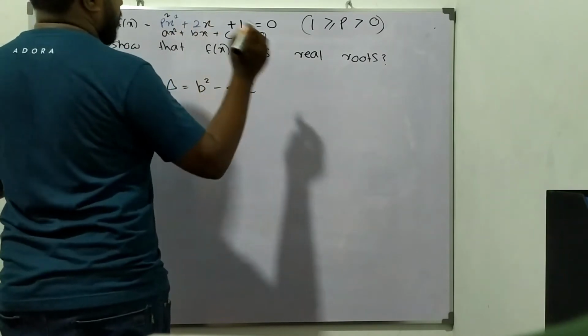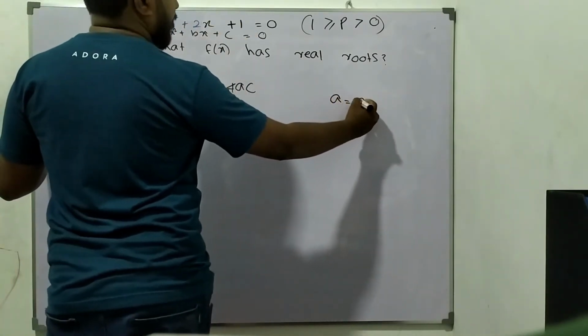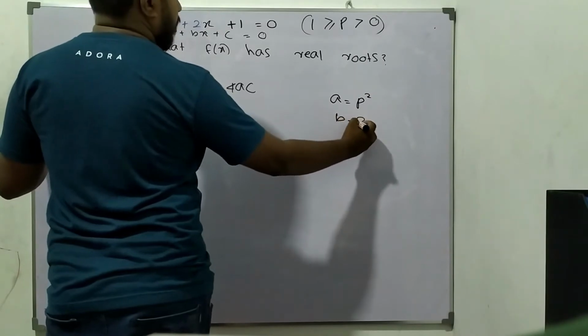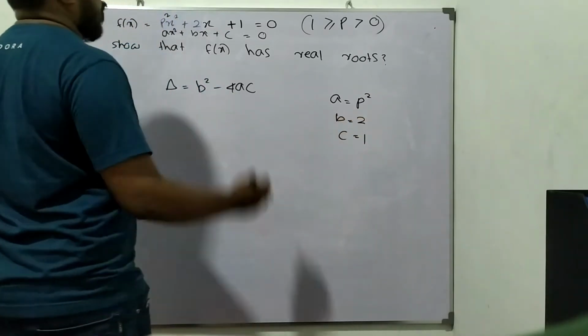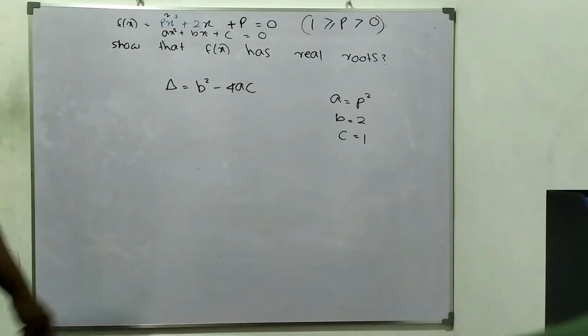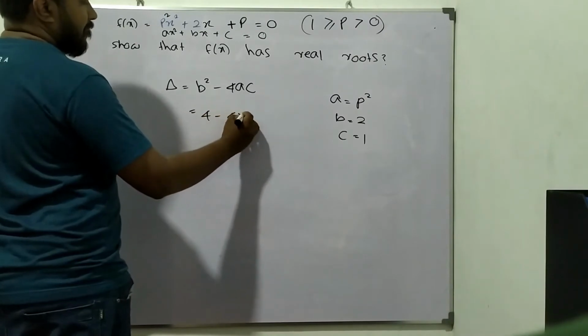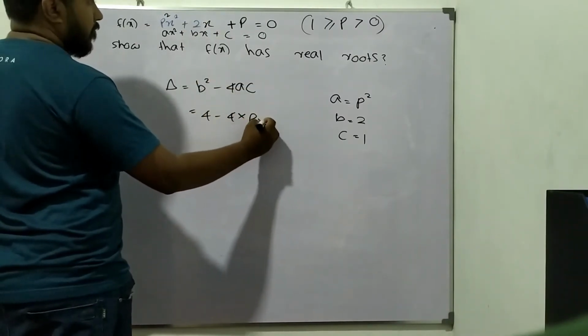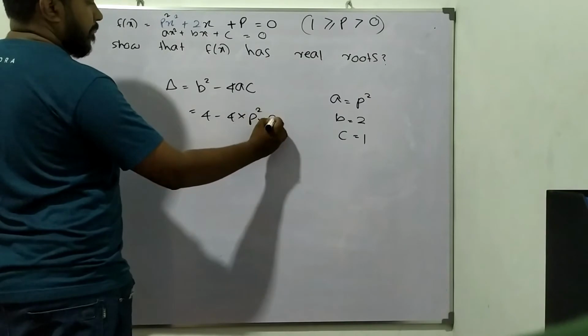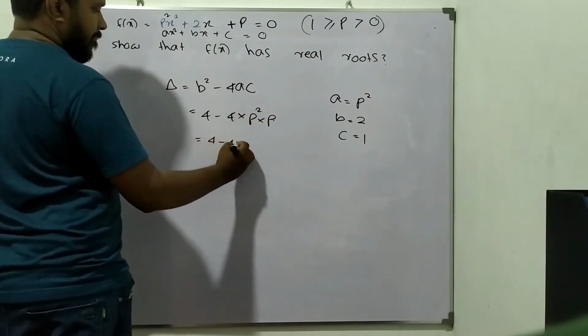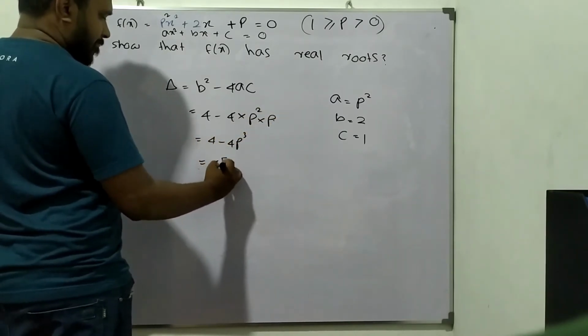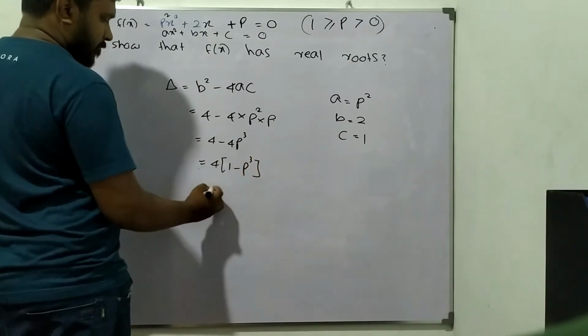So here b is 2, a is p squared, c equals p. C is not 1, c is p. So when you substitute, it is 4 minus 4 times p squared times p, which is 4 times (1 minus p cubed).